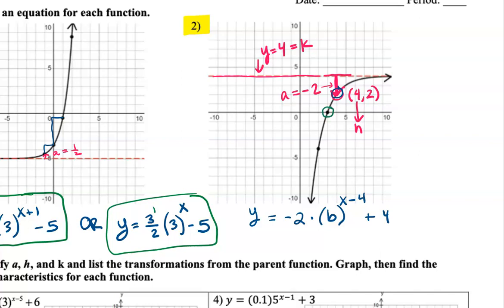And I like to choose the point closest to h, so that this power won't be too big. So I'm choosing this point where I have 3 for my x coordinate and 0 for my y coordinate. So I'll plug 3 in here for x and then 0 in here for y. And then that turns into an equation where I will be able to solve for b.